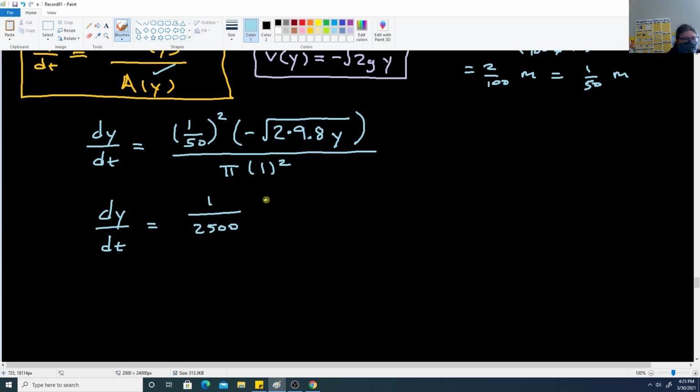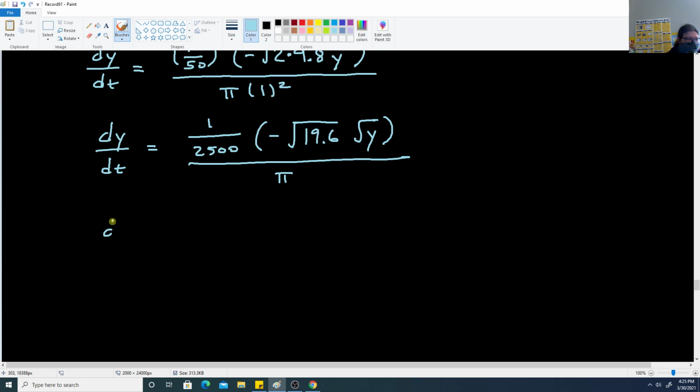That's being multiplied by negative square root of, I'm going to break this square root up as square root of 2 times 9.8, which is 19.6, times the square root of y. And then down in the bottom, we have just a pi.